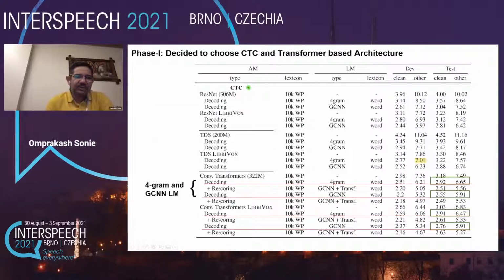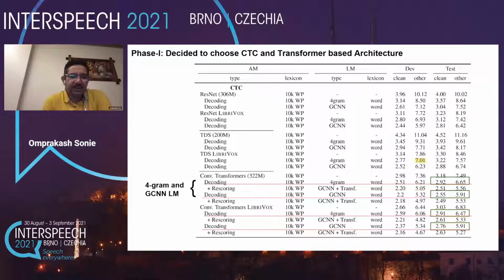In the case of the CTC-based acoustic model, in decoding there are two rows because the language model was of two types: one was a programmed language model, and the other was the GCNN language model, because of which there were two rows everywhere. Of all this, I looked at how much time it was taking for the system to do the training.